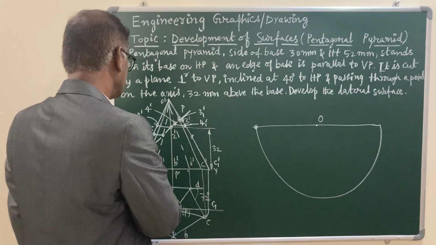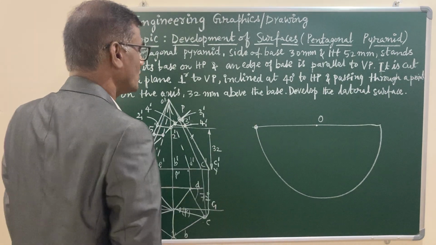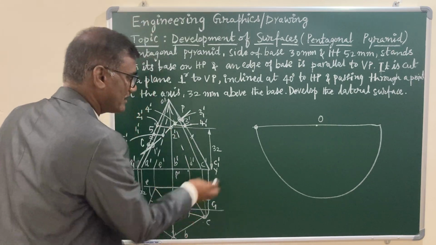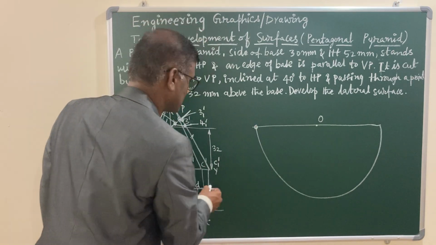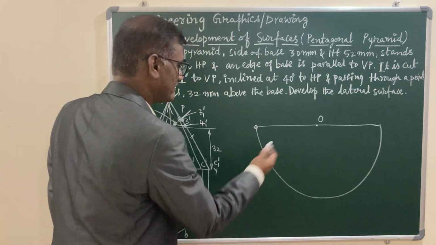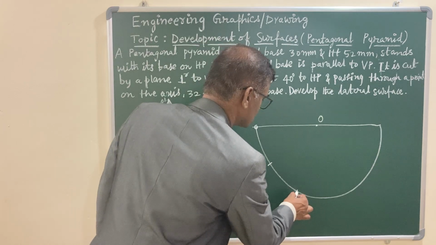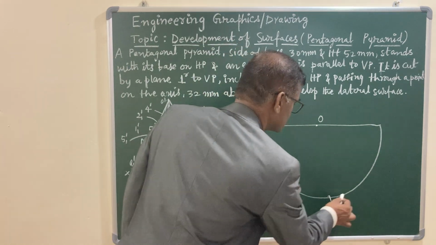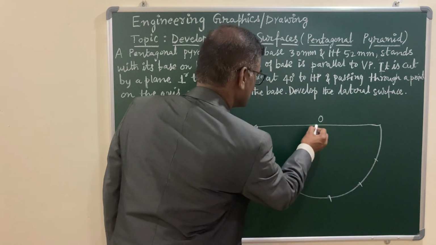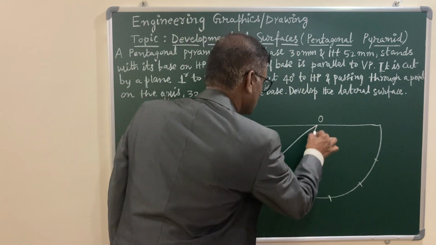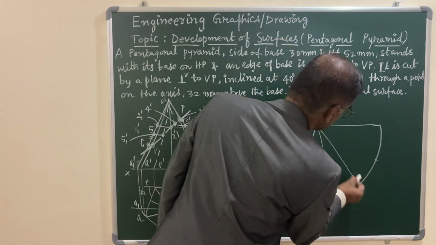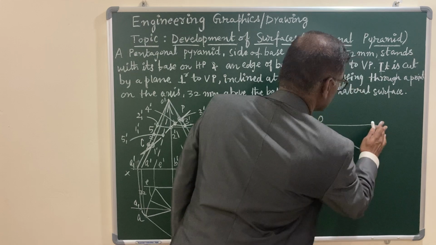Now, with this length, as you know, this base edge is 30 mm. With this as center, 30 mm as radius, you can locate 5 edges. This is the first edge, second edge, third edge, fourth edge, and maybe fifth edge. So join with this. All these are the true lengths.